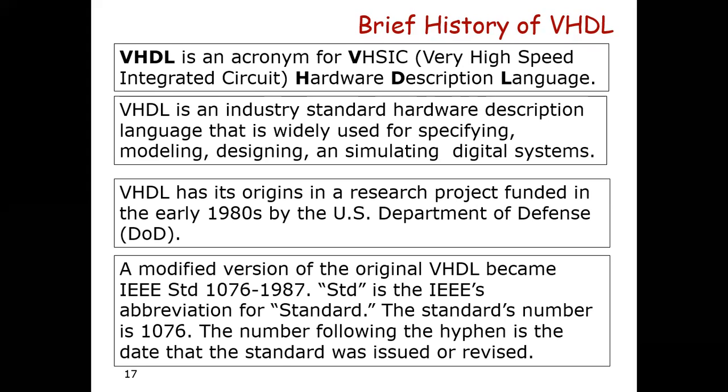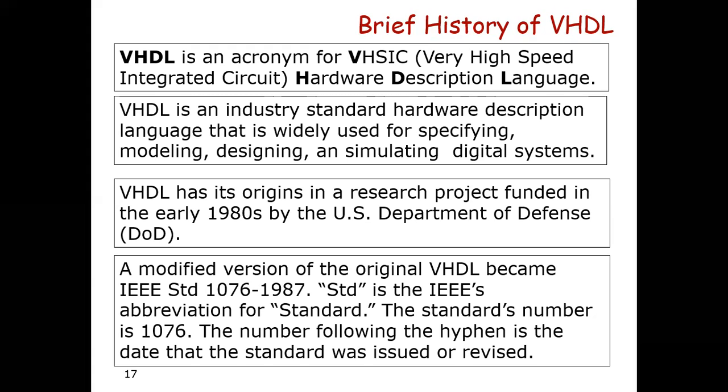So, a brief history of VHDL. VHDL is an acronym for VHSIC, that is very high speed integrated circuit, hardware description language. VHDL is an industry standard hardware description language that is widely used for specifying, modeling, designing, and simulating digital systems.